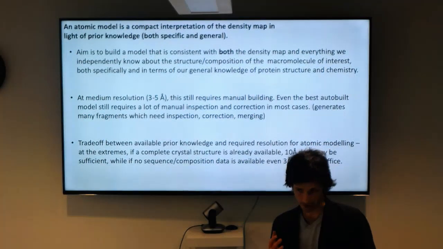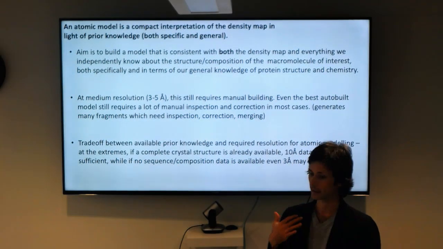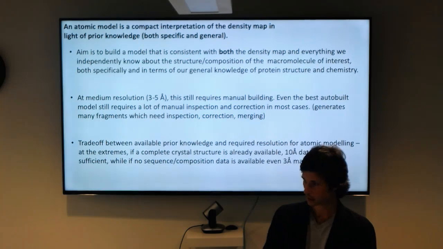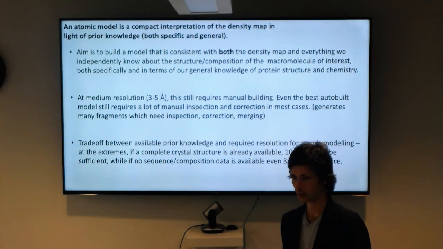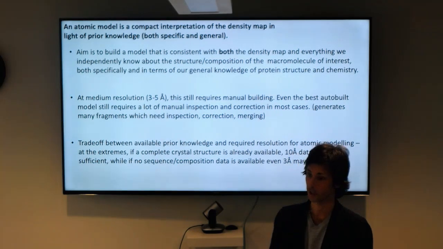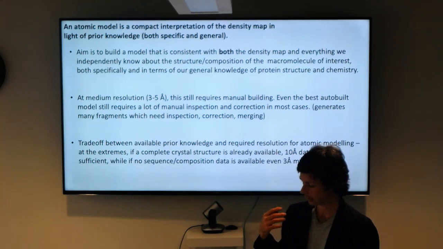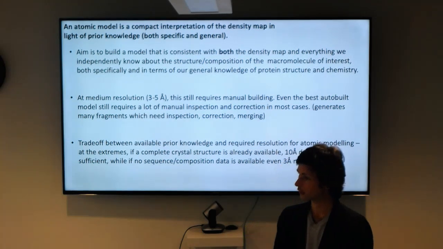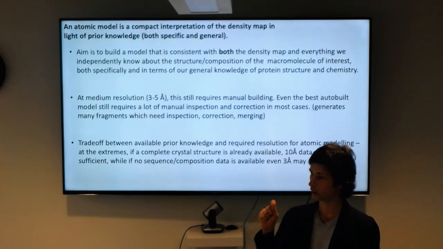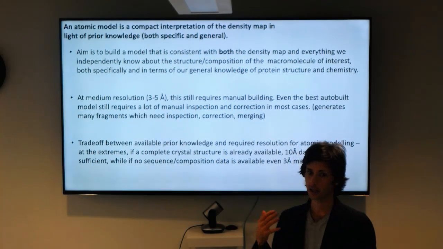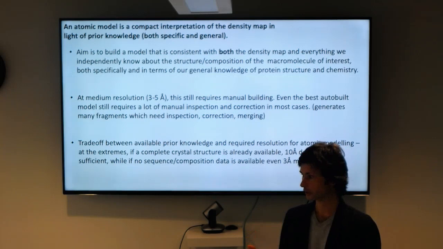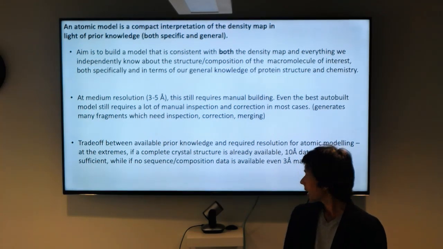Both prior knowledge that is general, so I'm thinking protein secondary structure, protein chemistry, the interactions between amino acids, hydrogen bonding interactions, and interaction that is specific to your protein. So for example, the particular secondary structure prediction that you can obtain for your protein sequence, predicted disorder properties, known folds that you can predict from sequence, things of that nature.